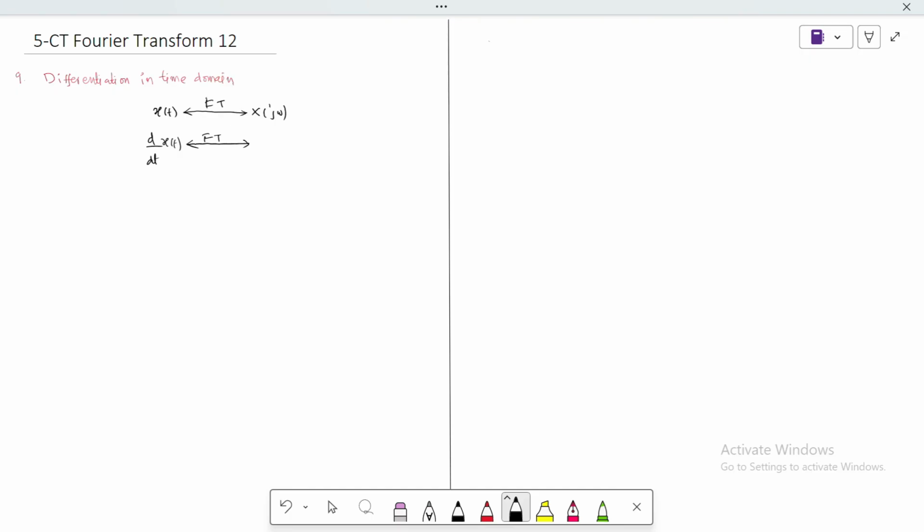To prove this, I'm taking the inverse Fourier transform.